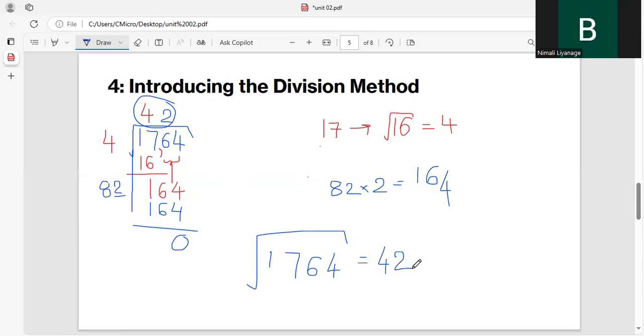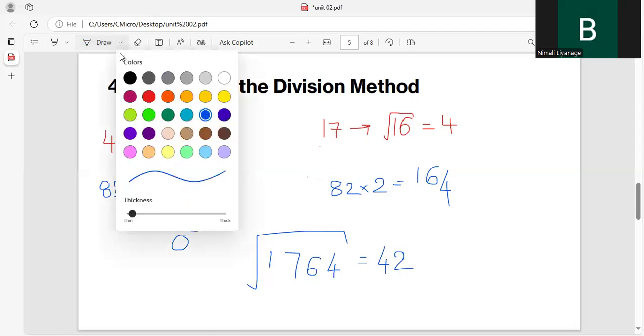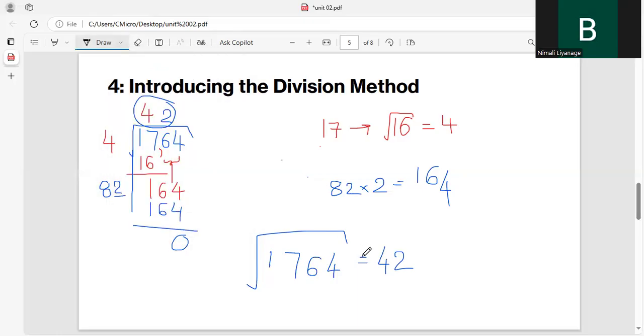Okay. This is one homework. What is the square root of 676? Can you find this? I leave it up to you. Find the answer.